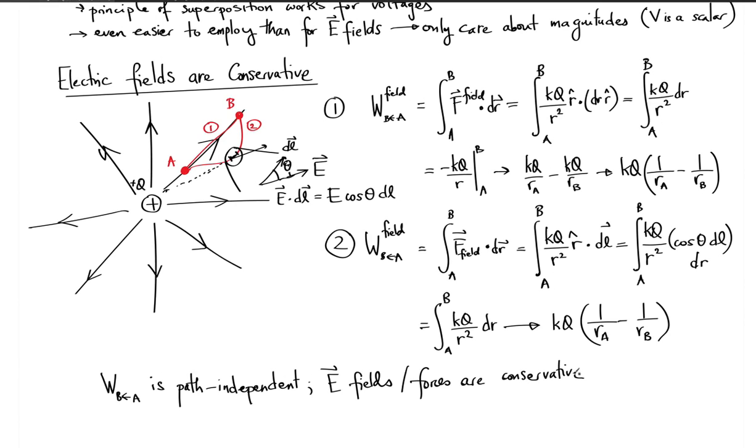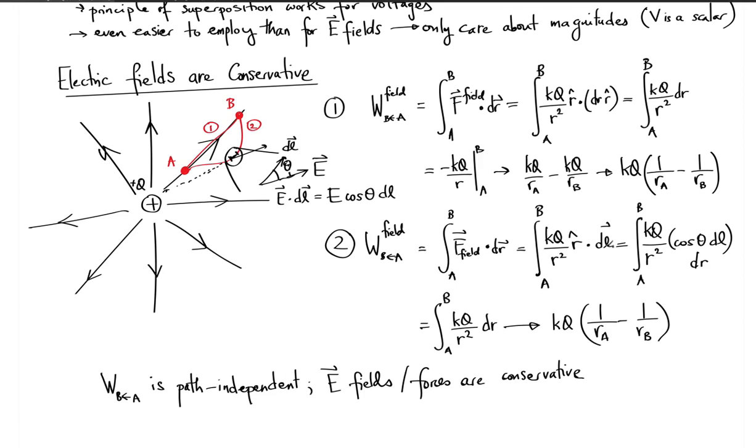So again, just to recap, we did a calculation where we had a path that just came out radially from the point charge from A to B. Another one where we take some kind of circuitous path. And what we found was that the electric field is always coming out radially, so it may not be parallel to the little segment of the path that we're interested in.